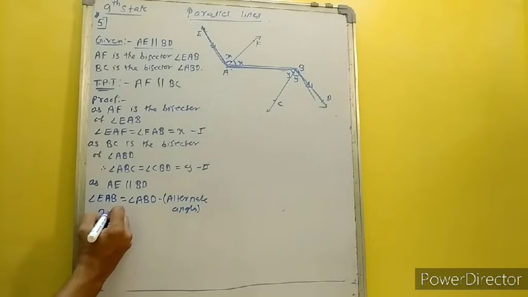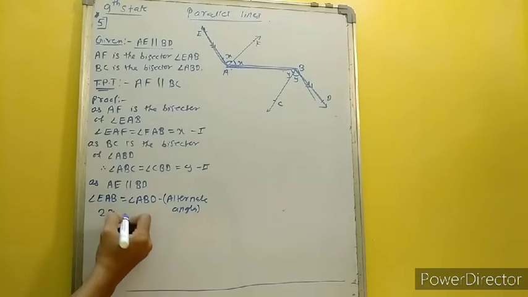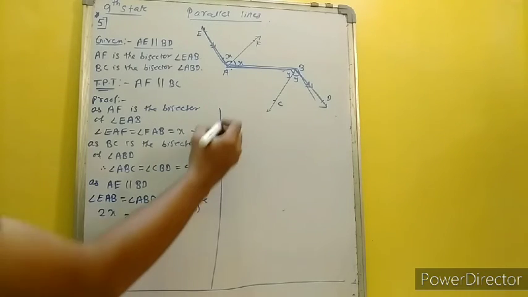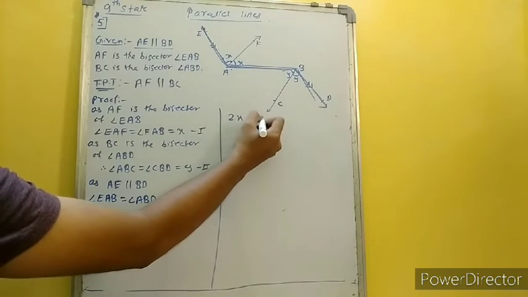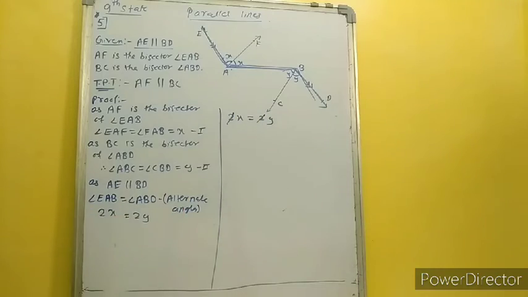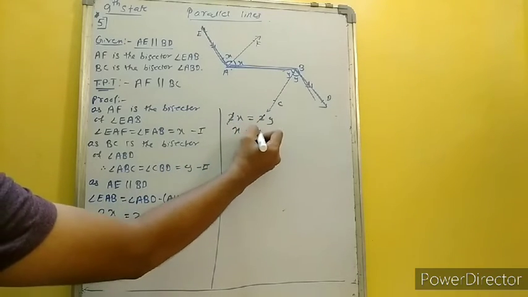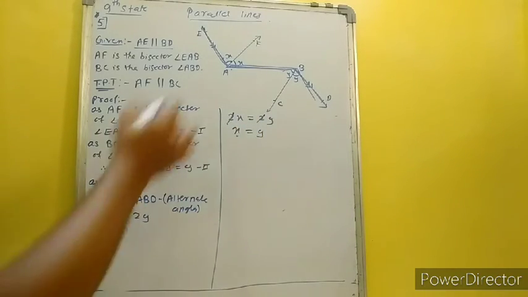EAB is 2x, x plus x, and ABD is y plus y, it is 2y. Okay, so 2x is equal to 2y, 2 gets cancelled, we have x is equal to y. In place of x, can I write FAB?